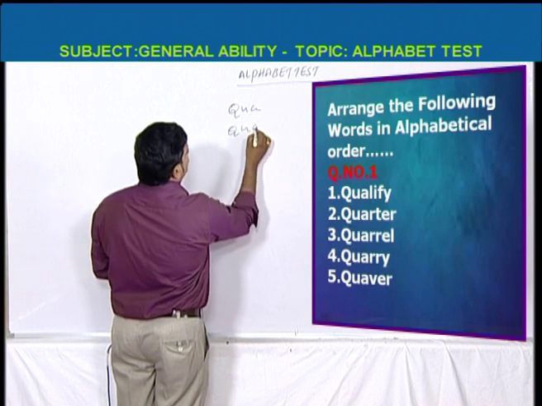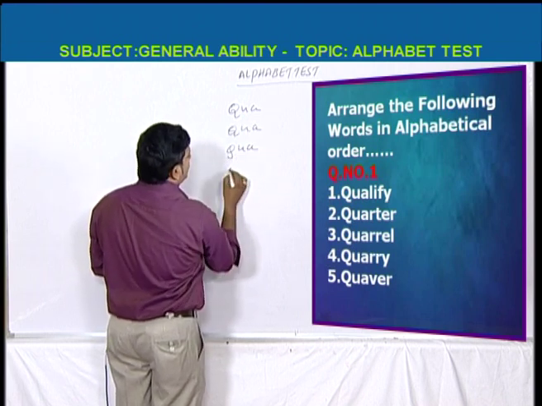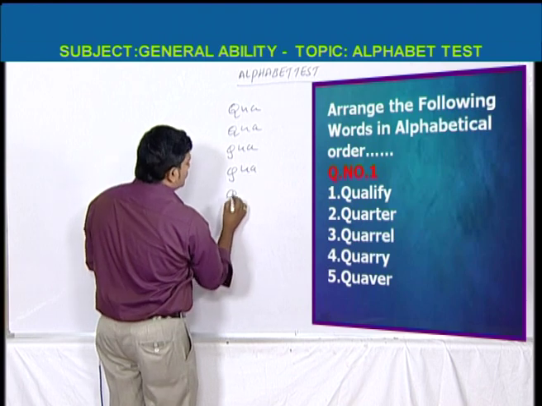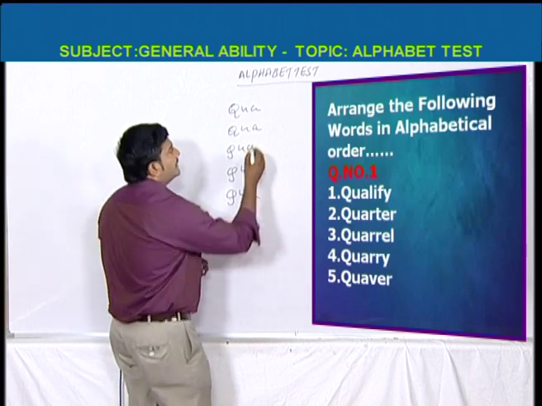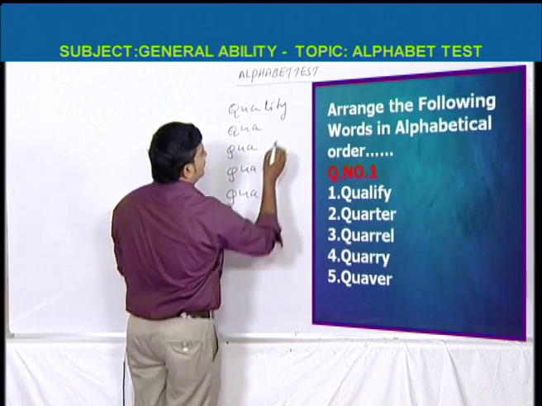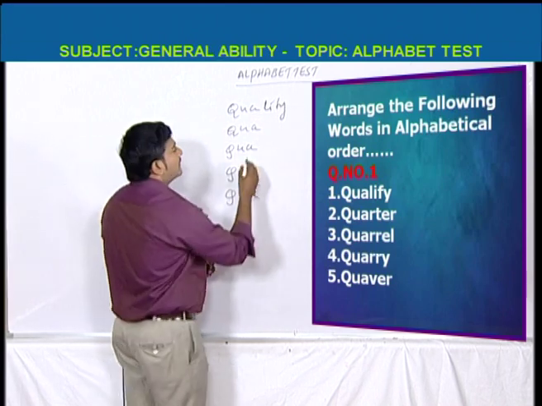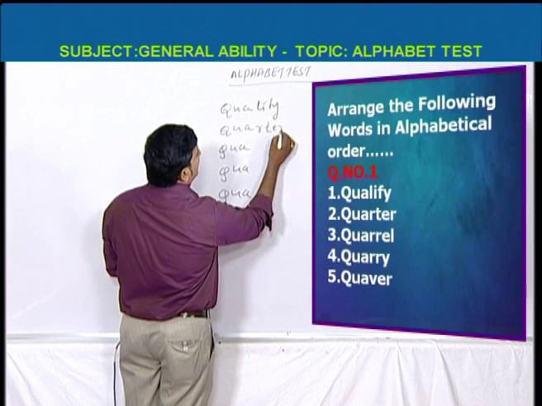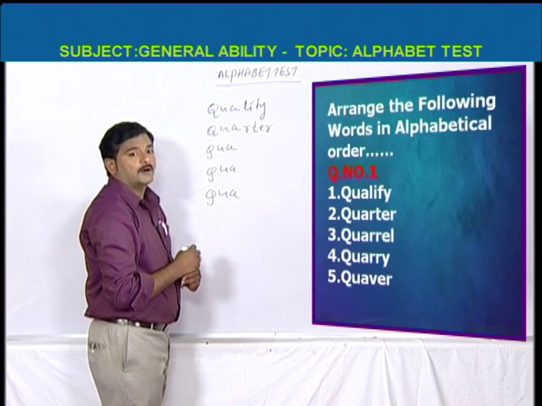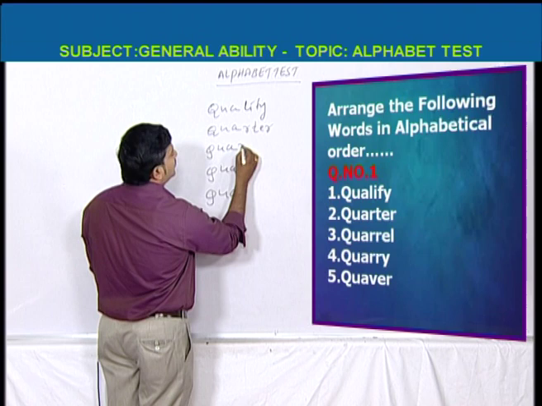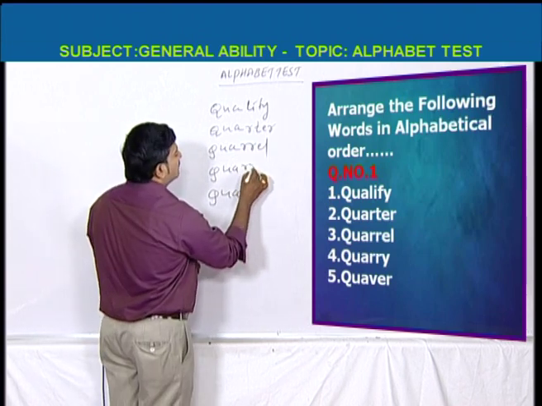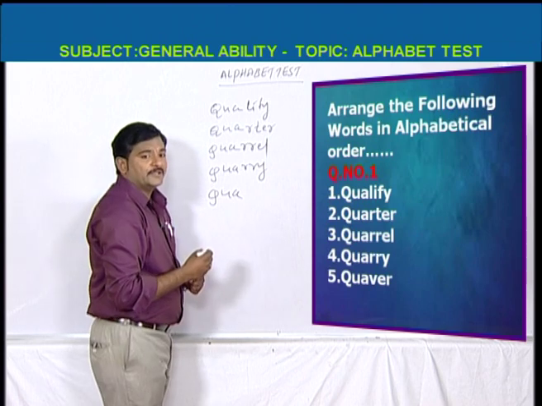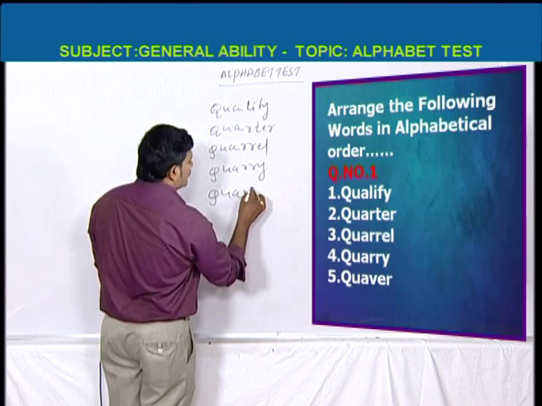Observe here, the interesting part. QUA is common. The first word is qualify, next quarter, next quarrel, next query, and finally quaver.